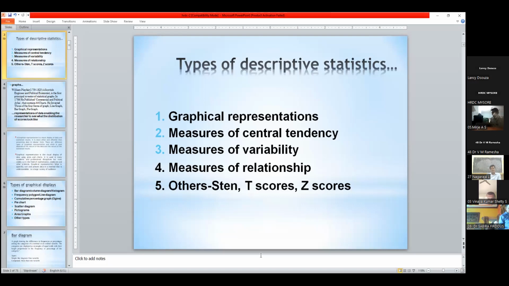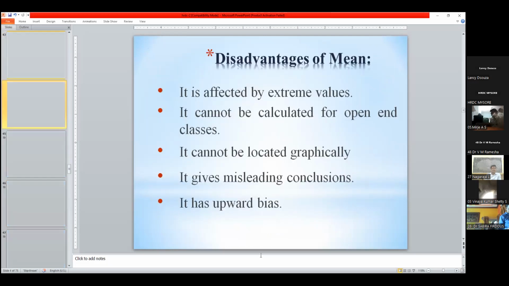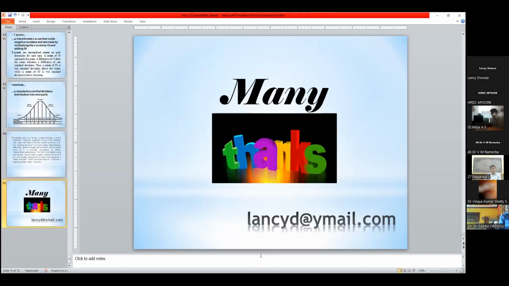Through all these you can present your data in a descriptive way, which gives the picture of your sample and describes it at different levels. With this, we are going to finish the session, but we have a few minutes left. Any questions or clarifications under descriptive statistics, please feel free to ask.